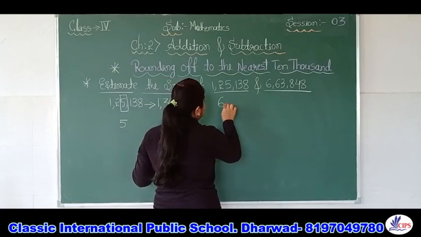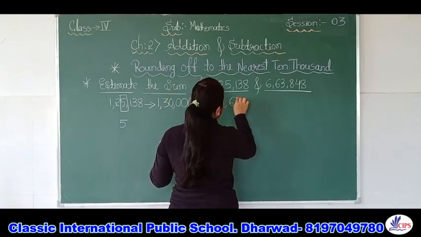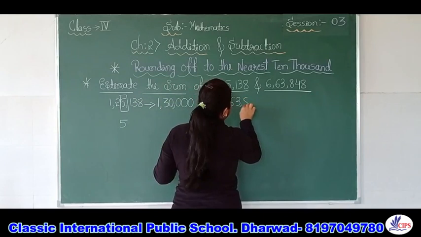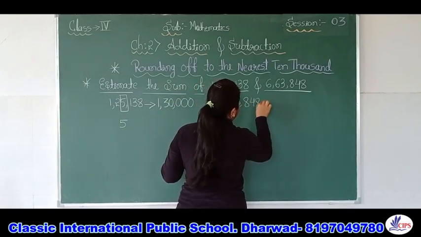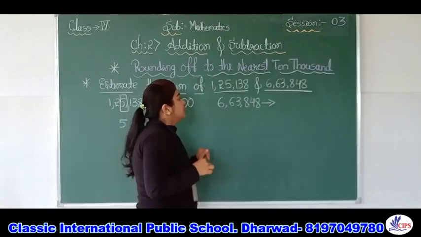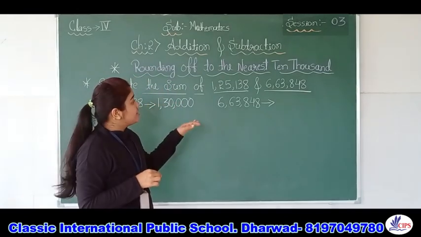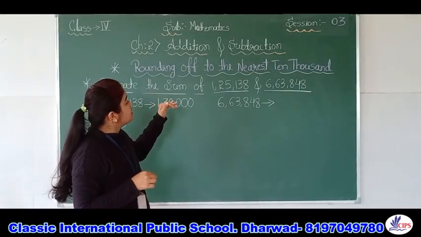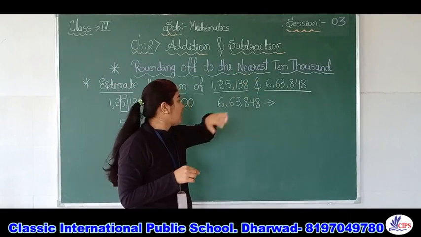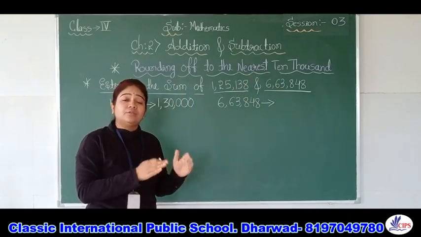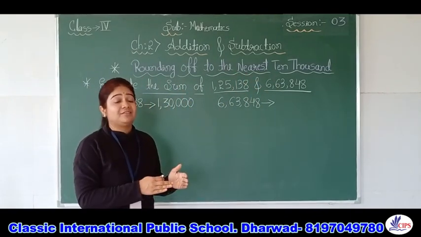Let us see the next one. Next number is 6,63,848. Here also you have to round this to the nearest 10,000. Again, you have to look at which place value?